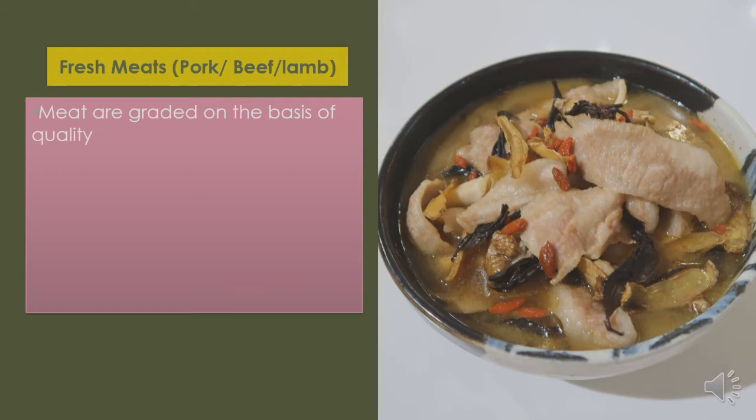All right, so we can have a look. All of the meat is graded on the basis of quality. So you need to choose the part of the meat, because different parts of meat get different grades. For example, Taiwanese like to eat a lot of pork. Every farm has its own food to feed their pigs, so even with different kinds of pigs, they get different grades as well.